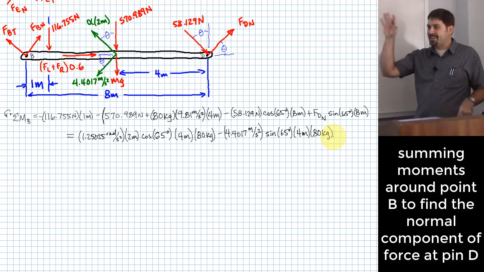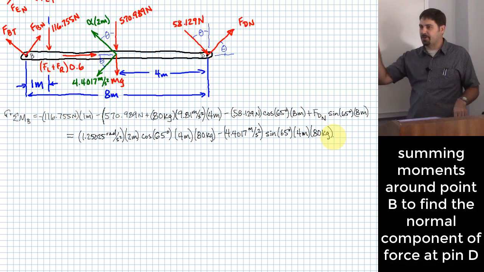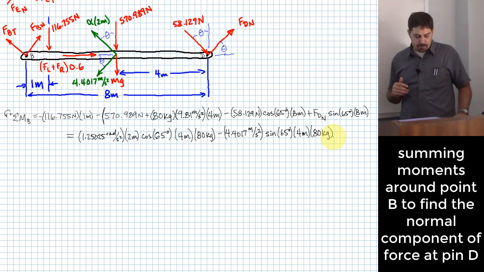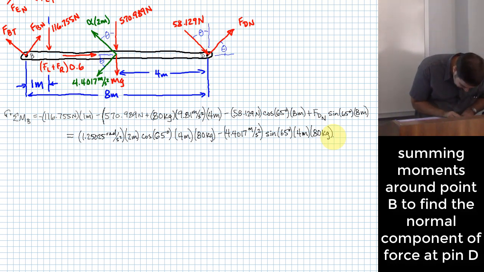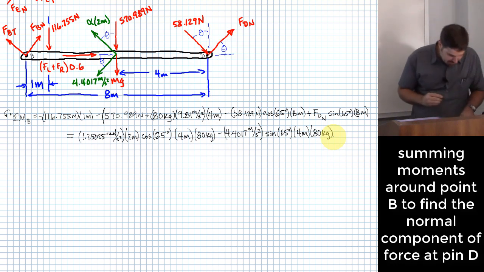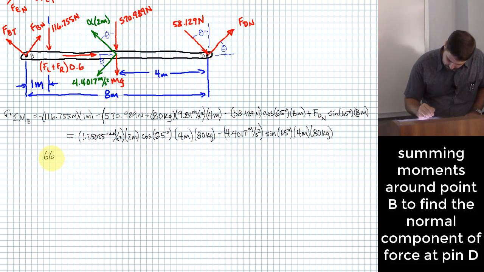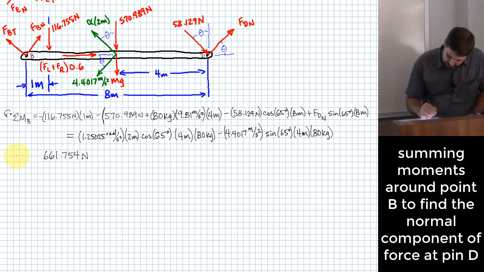You can punch all that in, and I don't think I have any conversion issues. I think they're all base units, so it should work out and give you an FDN in newtons. If I can read my notes here, that turns out to be 661.754. This is FDN.